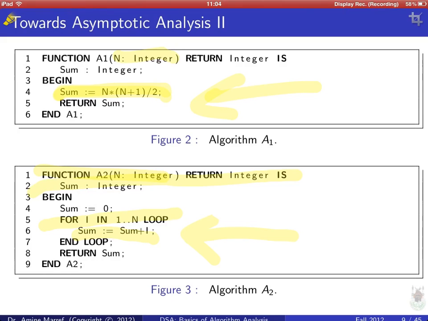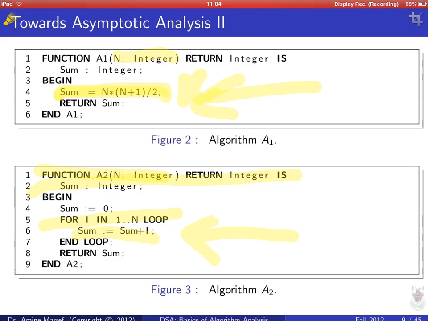Okay, let me ask the question for the second algorithm. We said the second algorithm's time has this shape: T of A2 equals alpha 2 times n plus beta 2. Let me return to this question in a while.